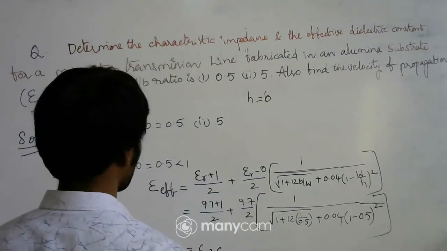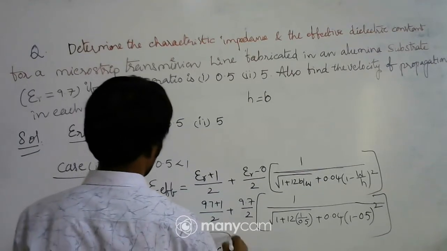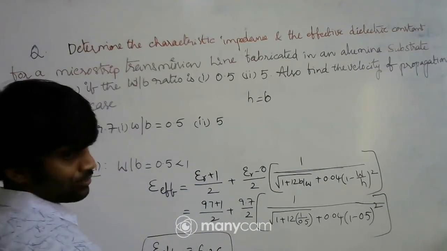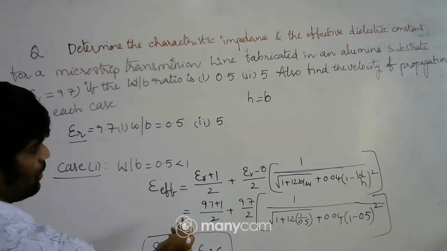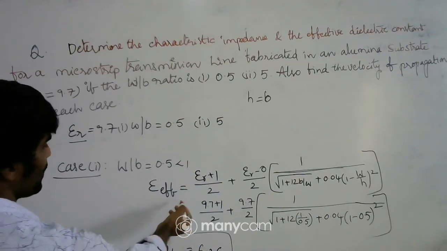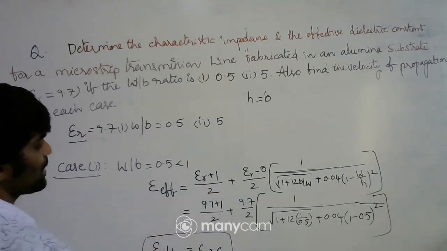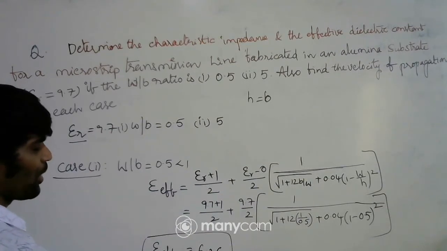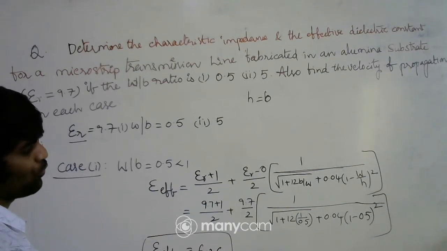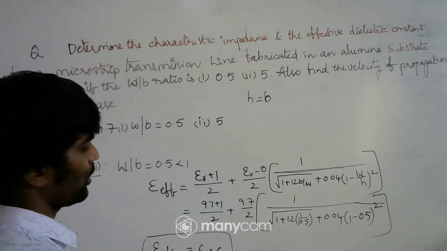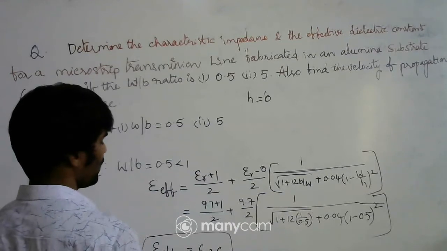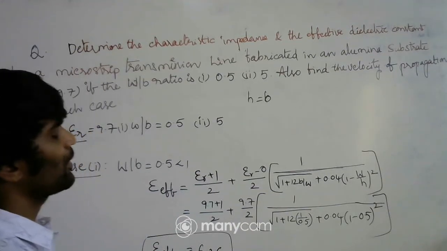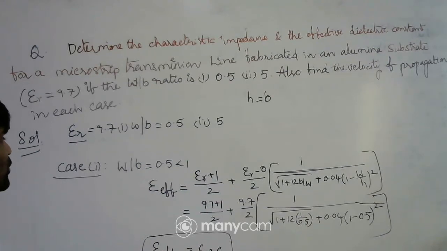You need to remember, first you need to write down the formula for the effective dielectric constant, epsilon r plus 1 divided by 2 plus epsilon r minus 1 divided by 2 of 1 by square root of 1 plus 12 b by w plus 0.04 into 1 minus w by h whole square. Substitute all values in that equation. After that, simplify this expression, then you will get the effective dielectric constant equal to 6.26.